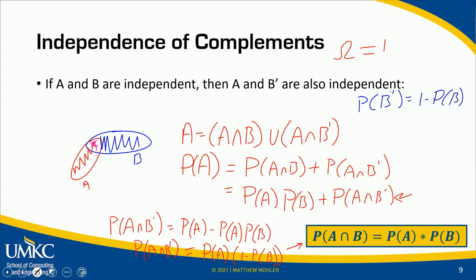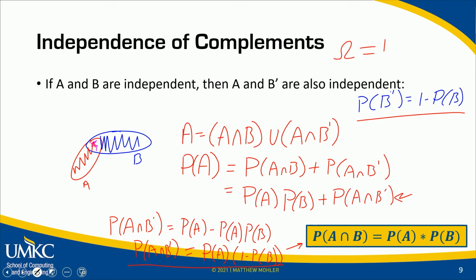Now, with that information, we can take the equation we just ended with and write that the probability of A intersected with B complement is equal to the probability of A times the probability of B complement, just substituting in this equation.